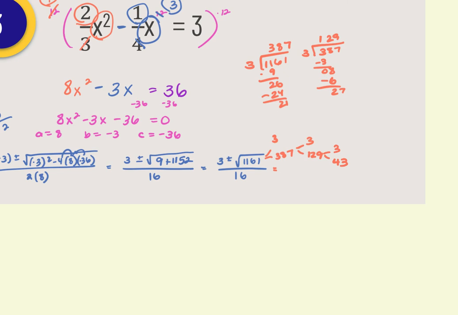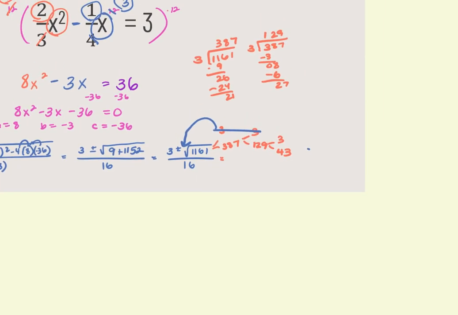And then 43 is prime. So these two 3's bring a 3 to the outside. And then 3 times 43 is 129. The same thing does not go into 3 and 16. So this is my answer.